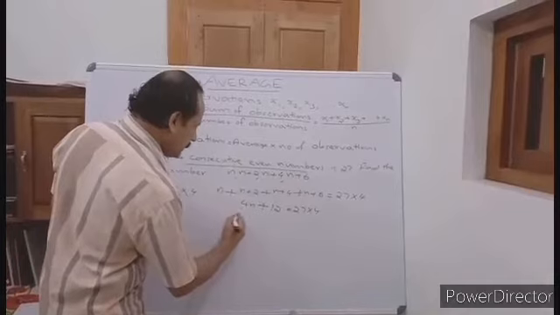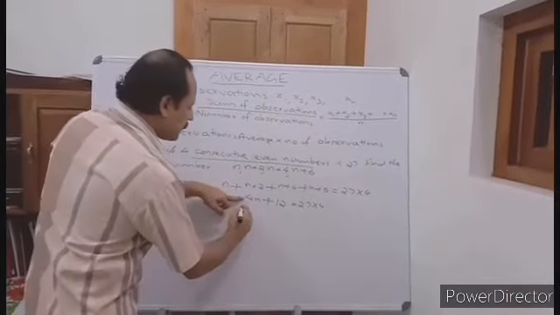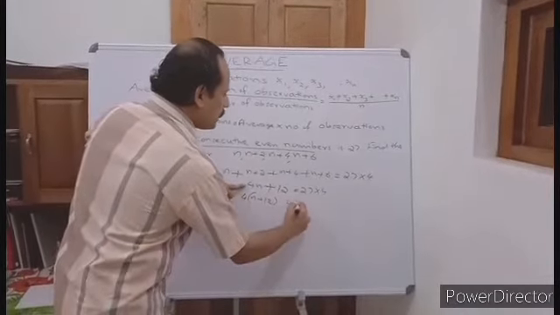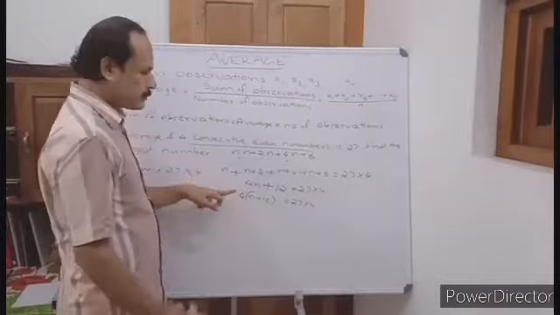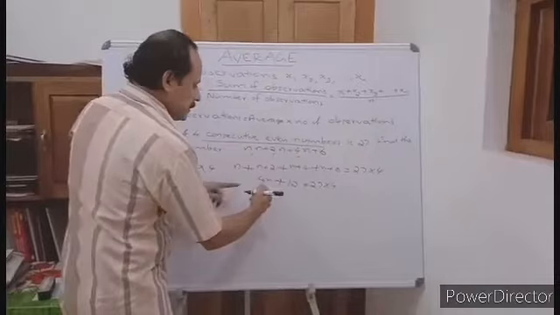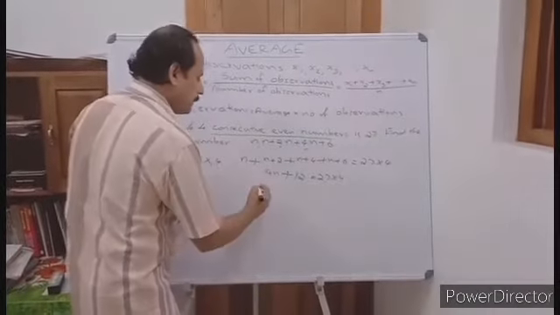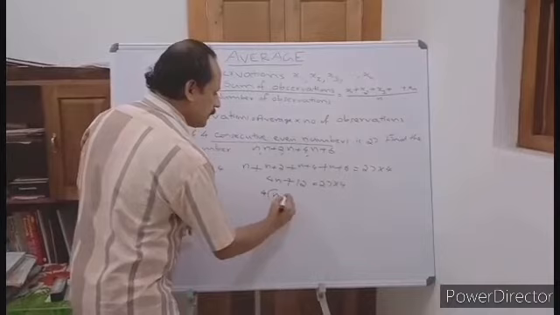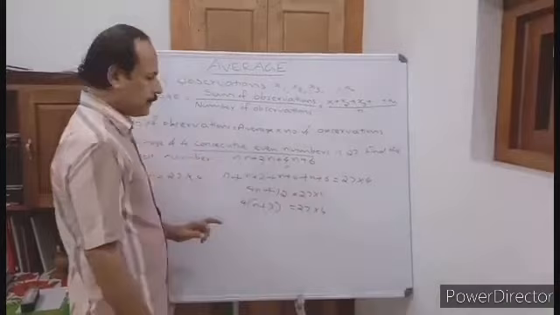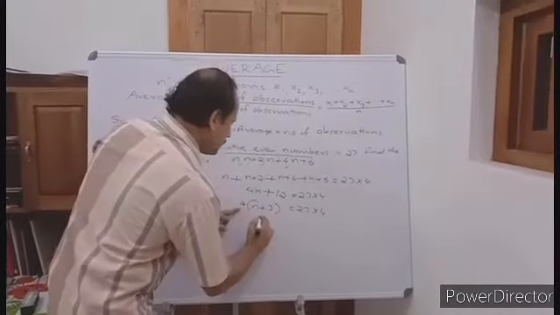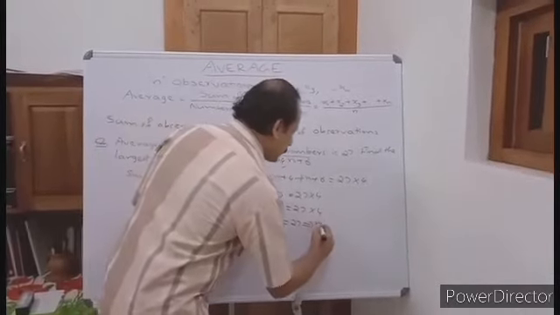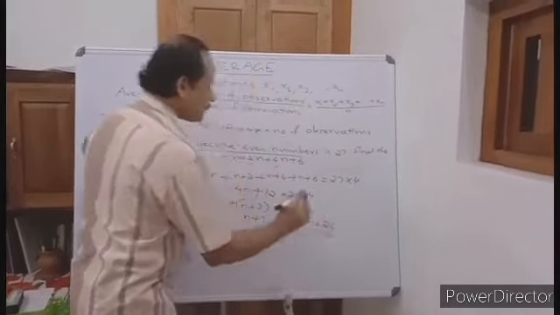And you take 4 as common factor from the left side: 4 into n plus 3 equal to 27 into 4. Cancel 4 from both sides, then n plus 3 equals 27, and this implies n equals 24.